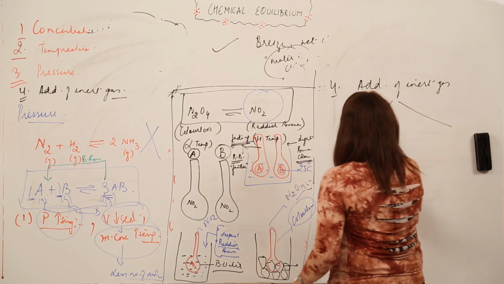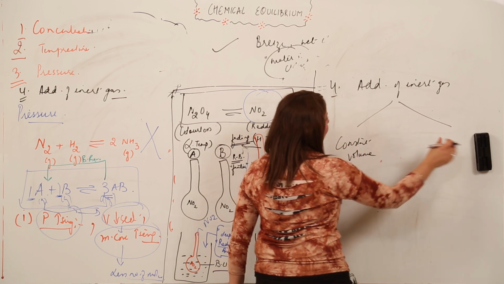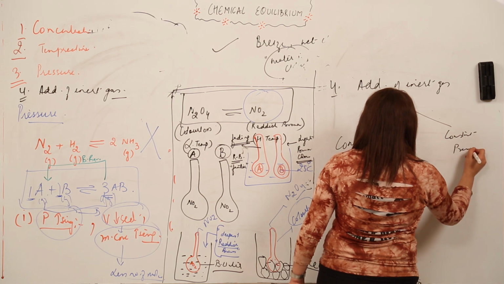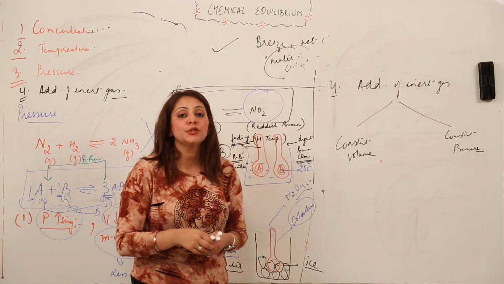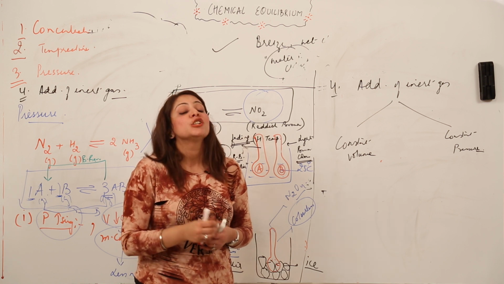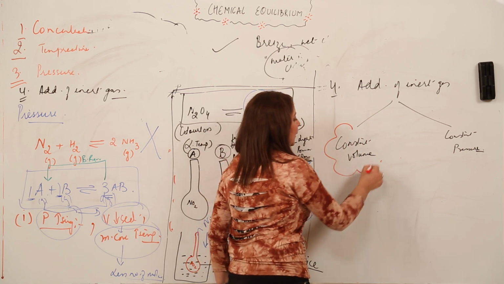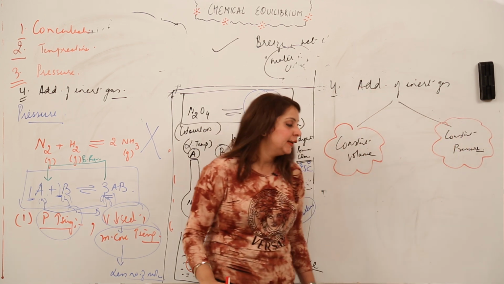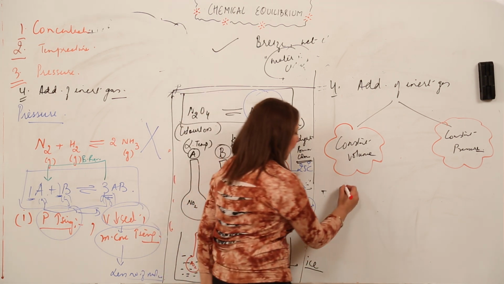One is at constant volume and the other is at constant pressure, right? So the fourth factor is the addition of inert gas, which can take place under 2 conditions, as I told you, at constant volume and at constant pressure, right?